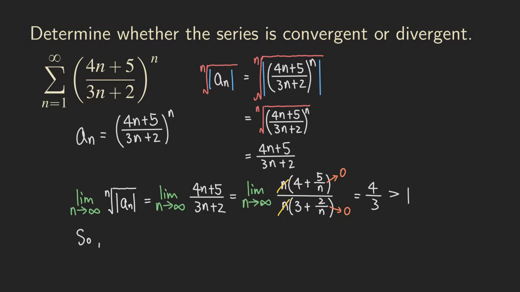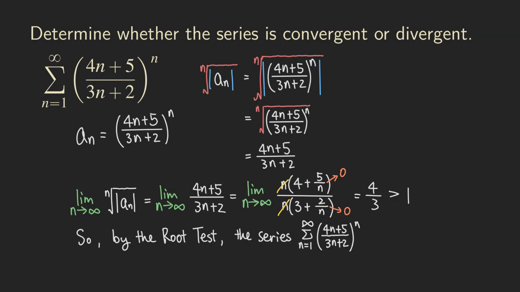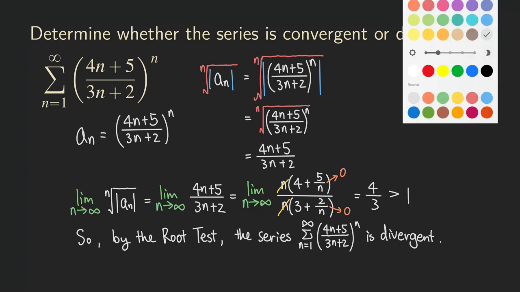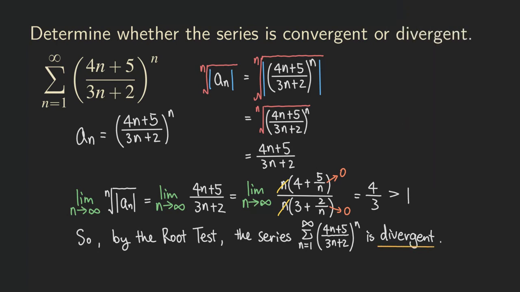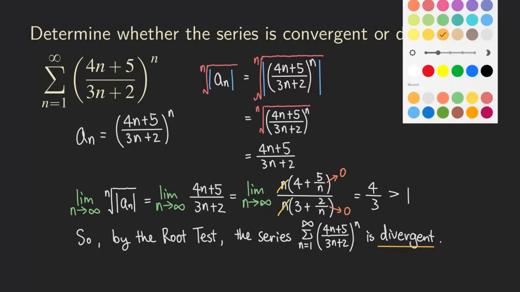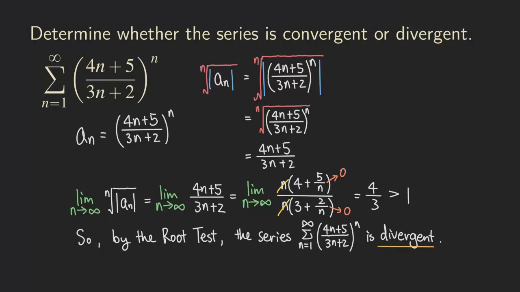So by the root test, the whole series that we are writing down here, 4n plus 5 over 3n plus 2, is divergent. Then our answer, just highlight the answer. Okay, so that's it for this problem.